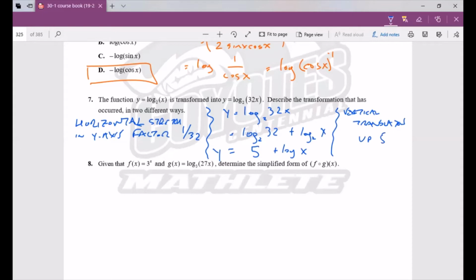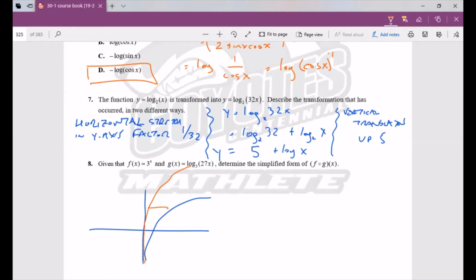Which actually ends up being kind of super interesting. If that's our graph of y is equal to log x base 2, if I horizontally stretch it by a factor of 1/32, it's going to look like this.